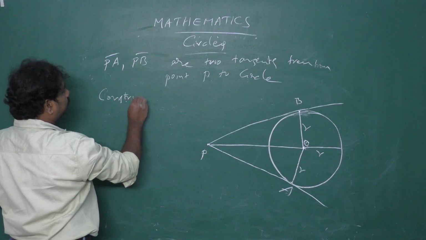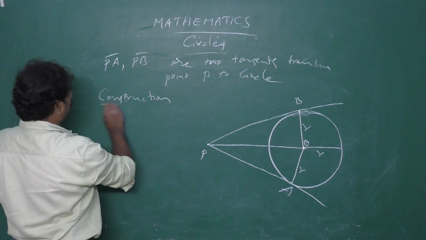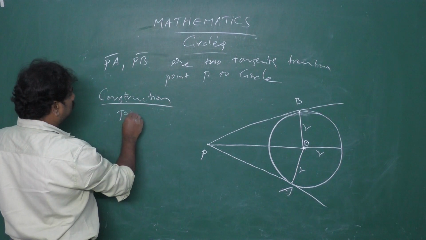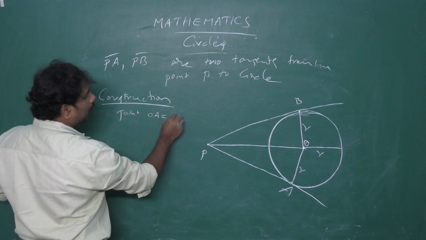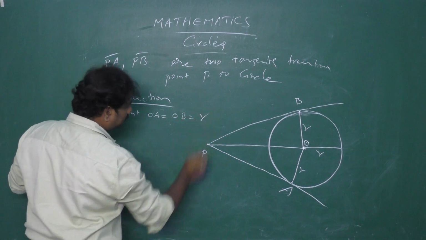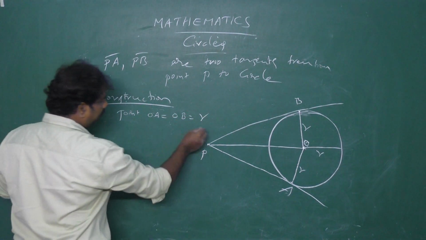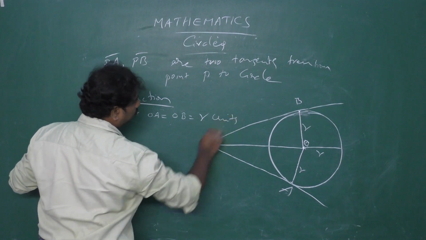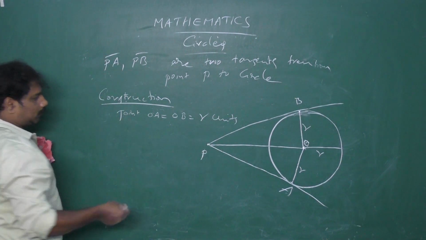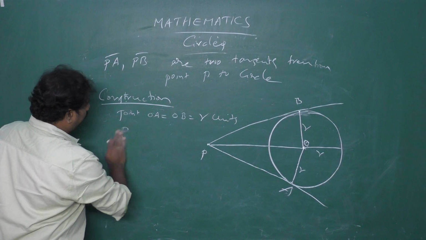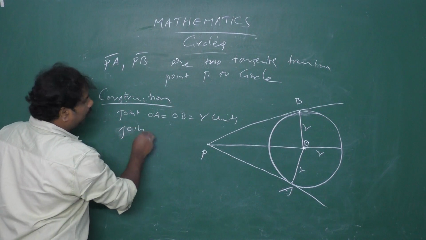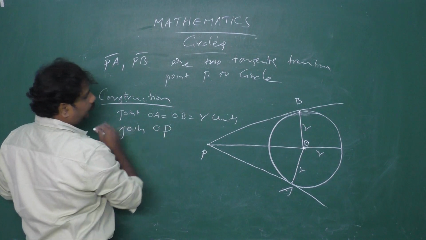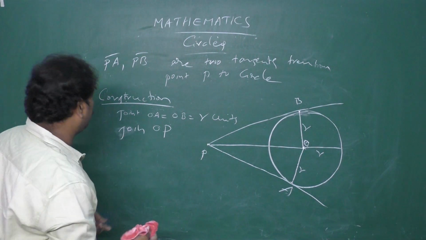Construction: join OA, OB. Of course they are equal in length and the length is radius, r units, because we don't know how many centimeters or meters, whatever it may be. And also join PO. Okay, this is the construction we did.